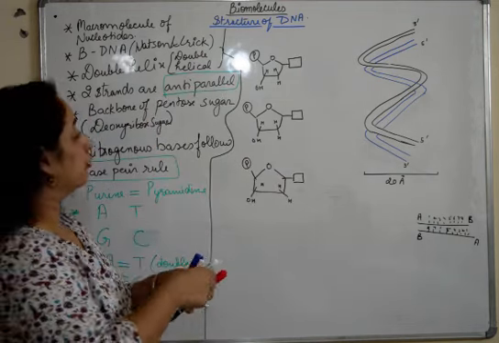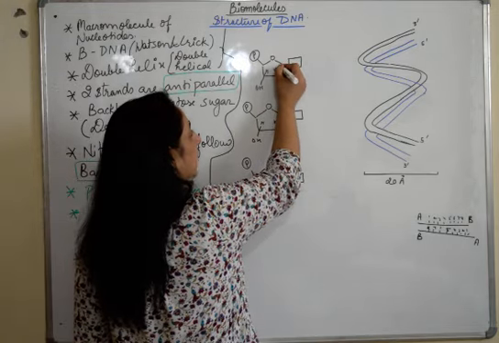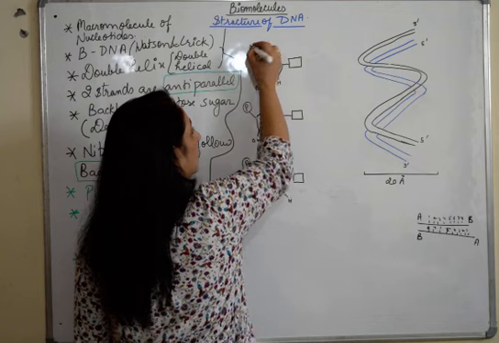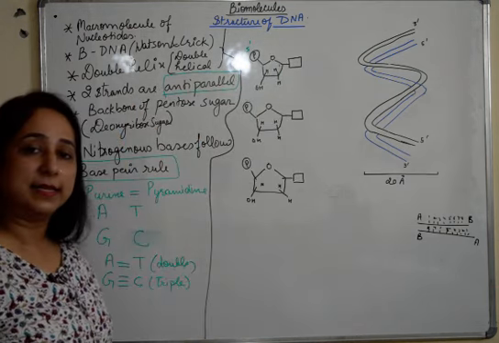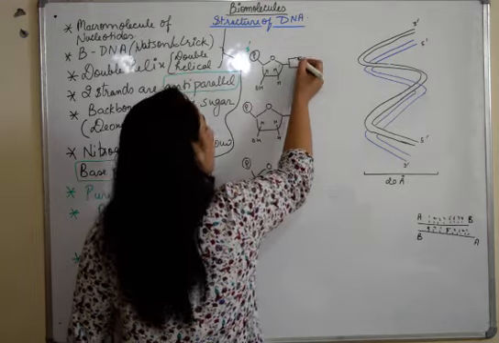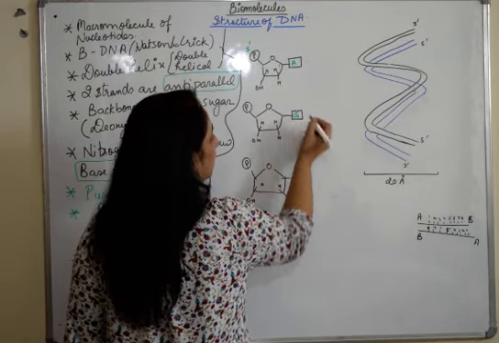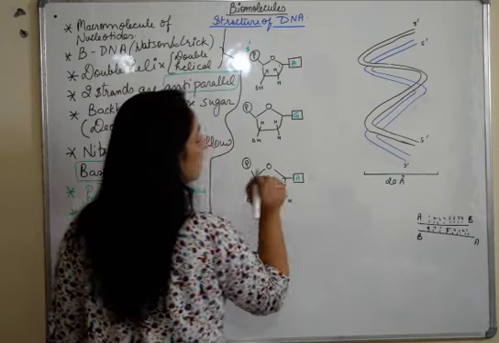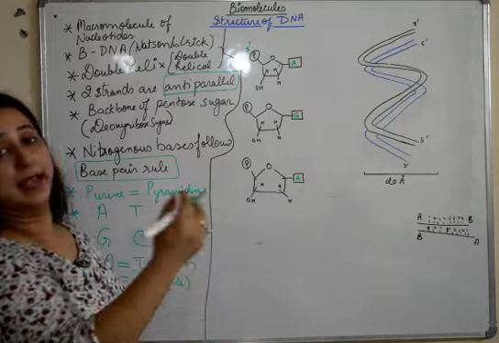The thing you need to remember is what is present at which carbon. First carbon has the nitrogenous base, and the fifth carbon has the phosphate group. Suppose we have adenine here, and maybe guanine here, and adenine here again. Fine. I'll make only 3, and then I'll make another bond.